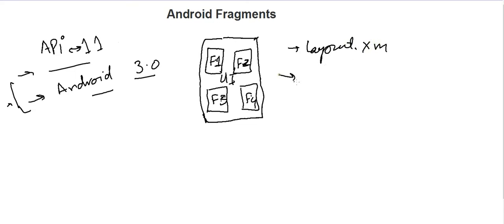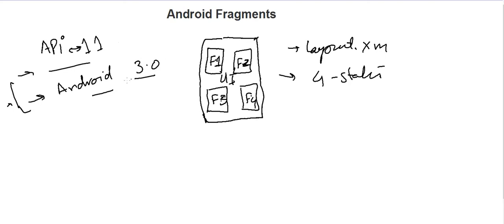They have the same states that an activity has, like start, resume, and stop, and creation functions like onCreate and onCreateView, quite similar to activities. That's basically the concept of fragments.